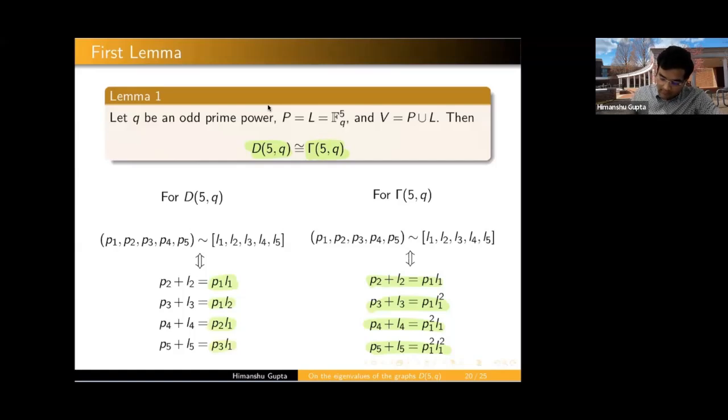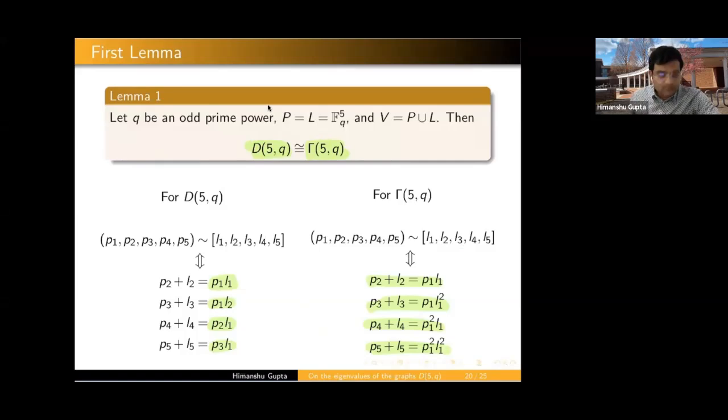The benefit of writing another system of equations is that on the right-hand side we just have p1 and l1, but in D(5,q) on the right-hand side we have p1, l1, then l2, then p2 as well, and p3 as well. So instead of working with D(5,q), we can work with gamma(5,q), whose system of equations are now these. Again, two tuples are adjacent if they satisfy these four equations, and all these four equations are over the finite field F_q.